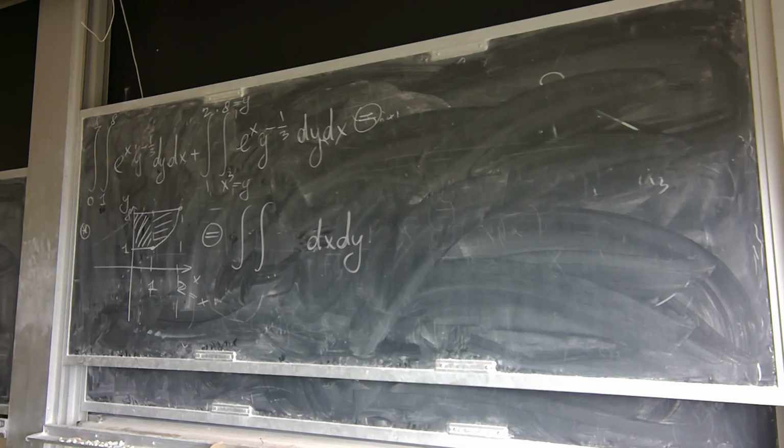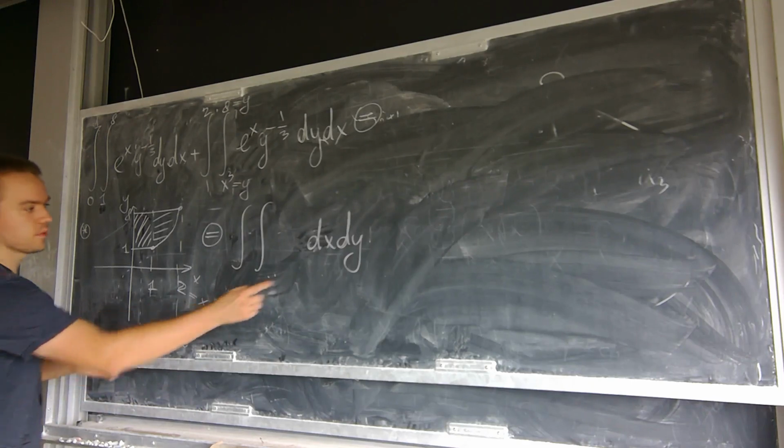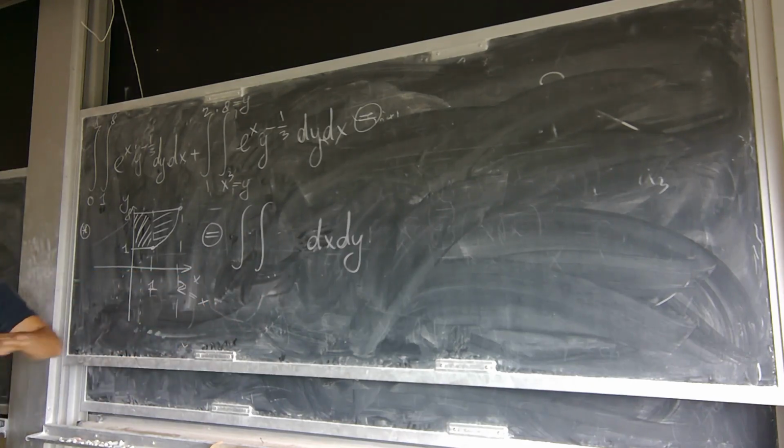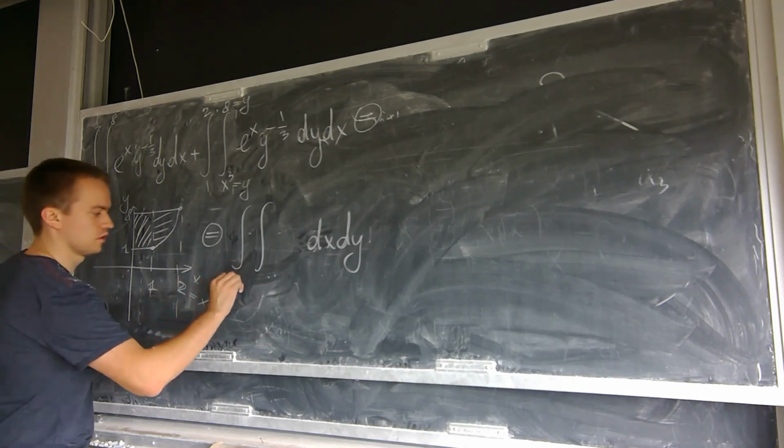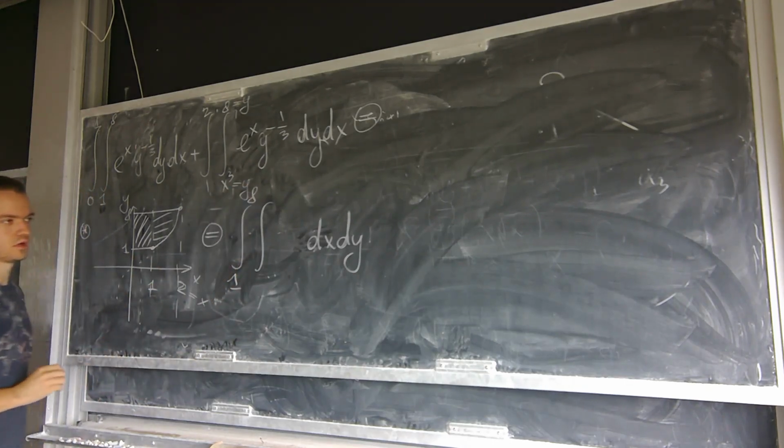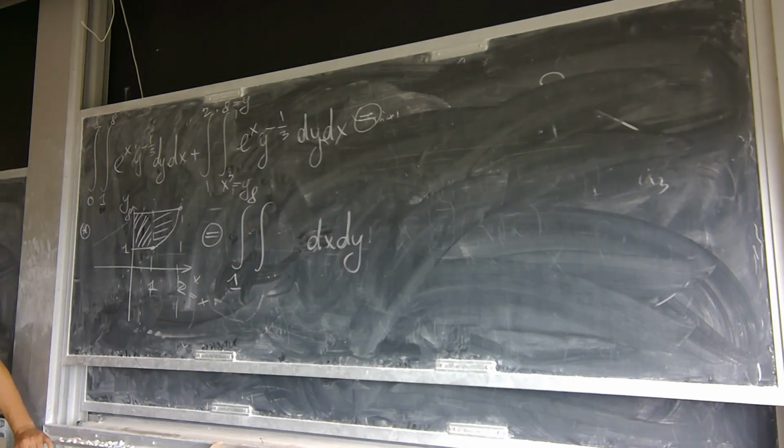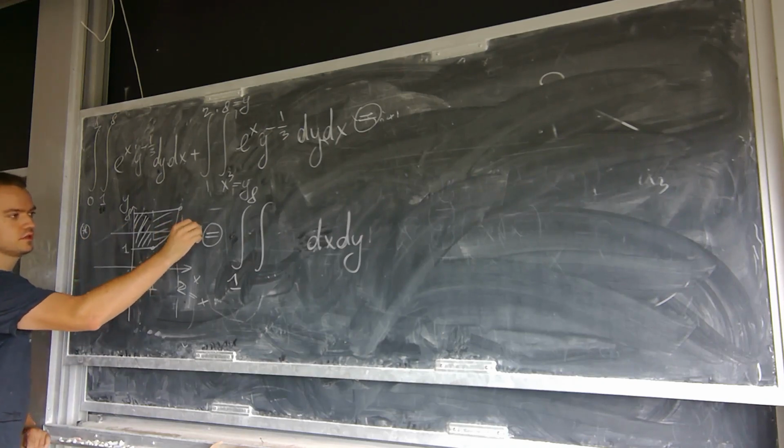Does the problem say times or to the power? Times, okay. And then let's find my limits of integration. So that's my bounds for y, from 1 to 8, yes. What are my bounds for x? We need to shoot an arrow in the positive x direction.